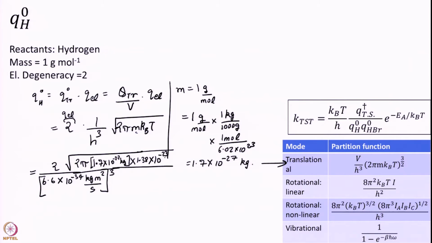I am calculating everything at room temperature only. And the unit of kB times T will be kilogram meter square per second square.